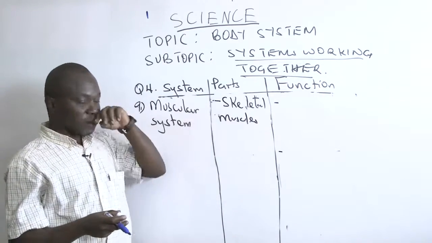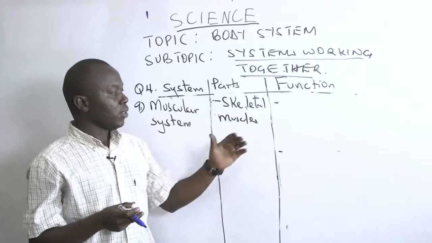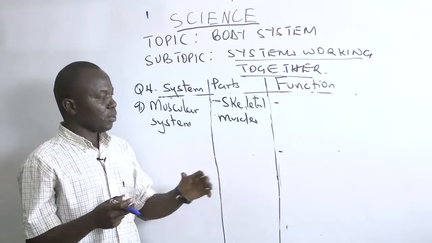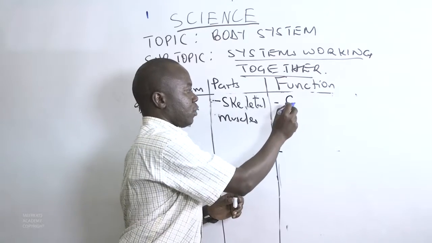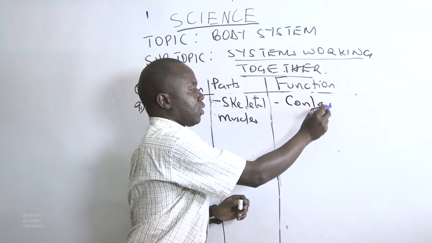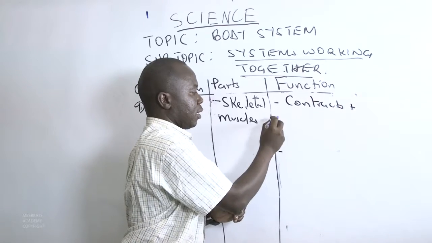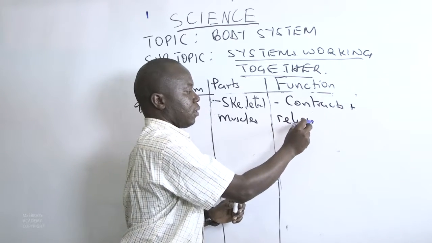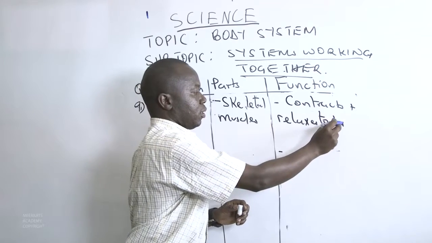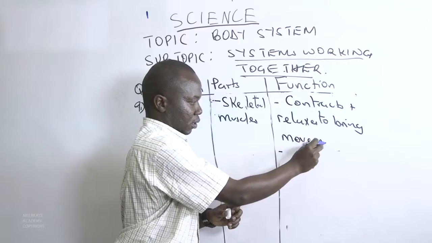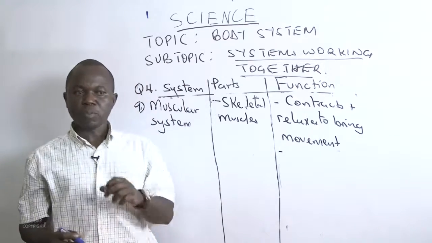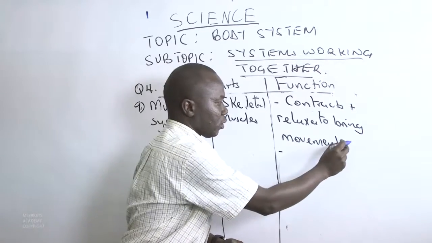One major part of muscular tissue is the one that contracts and relaxes to bring about movement and locomotion.